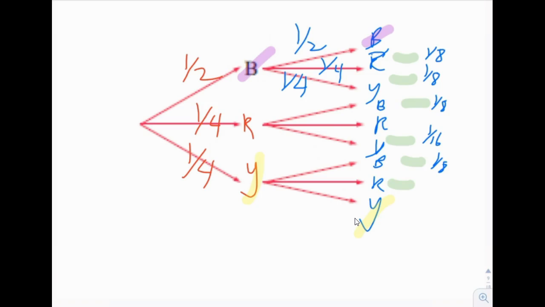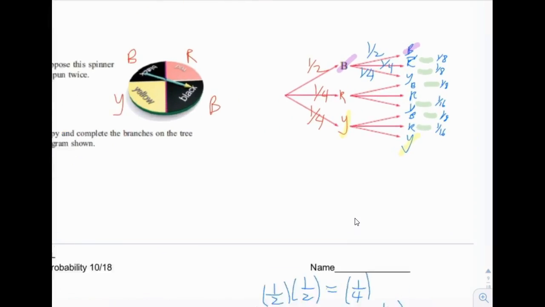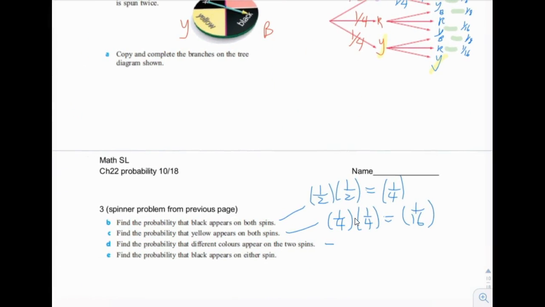And finally, yellow, red would be 1/4 times 1/4, which is 1/16. Okay, so we got 1/8 plus 1/8 plus 1/8 plus 1/8, which would be 4/8, plus we got 1/16 plus 1/16, which is 1/8. So I think we got 5/8 here, right? 1, 2, 3, 4, 5. Yeah, 5/8. So the total for different color on 2 spins would be 5/8.